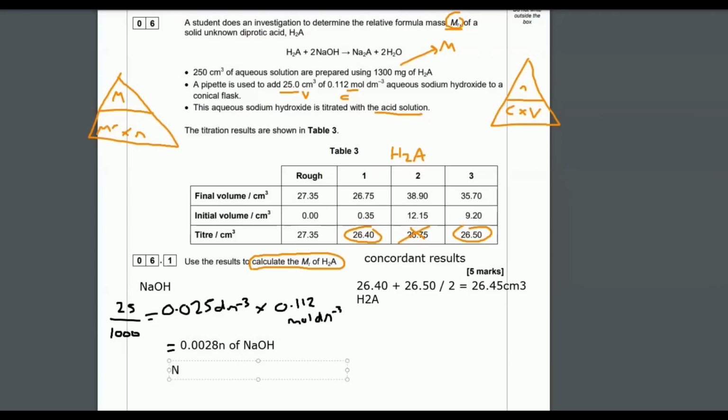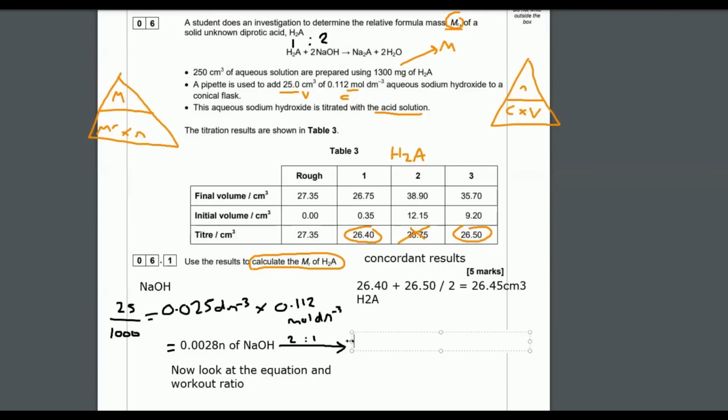And this is going to give us the moles of sodium hydroxide that were neutralized with the acid, and it's 0.0028. Now your next step is to go and look at the ratio. We need to find out how many moles of H2A we must have, because we know the moles of the alkali reactant. So we look at the ratio, and for every 2 moles of sodium hydroxide, it's going to neutralize 1 mole of diprotic acid. So what we want to do here is divide by 2.